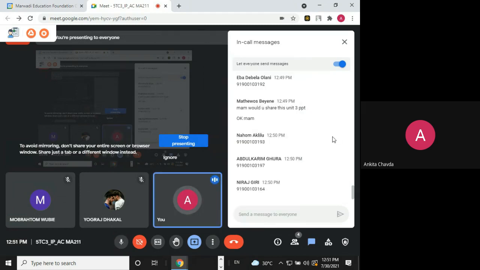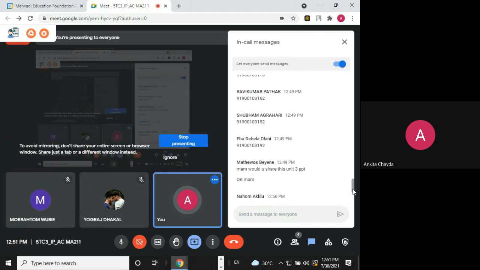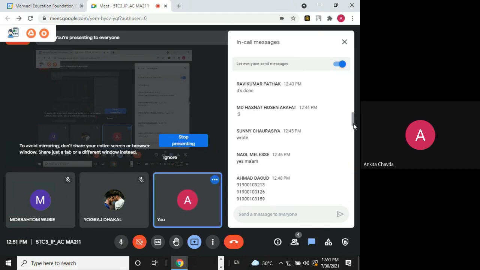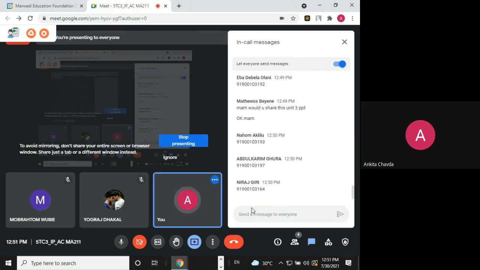Yograj, Ruby, last call to write your numbers. If you haven't written it yet, please write it down.